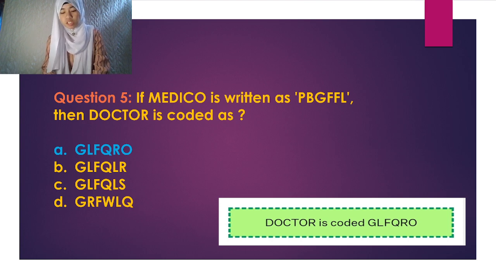The letter M is moved forward by 2 letters and is coded as P. E is moved backward by 2 letters and is coded as B. D is moved forward by 2 letters and is coded as G. I is moved backward by 2 letters and is coded as F. C is moved forward by 2 letters and is coded as F. O is moved backward by 2 letters and is coded as L. So doctor is coded as GLFQRO.